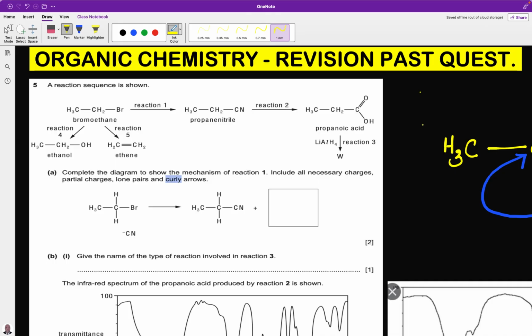Now, the second thing that comes to your brain is what type of reaction do halogenoalkanes undergo? In terms of the mechanism, we have 3 types of halogenoalkanes: primary, secondary, and tertiary.